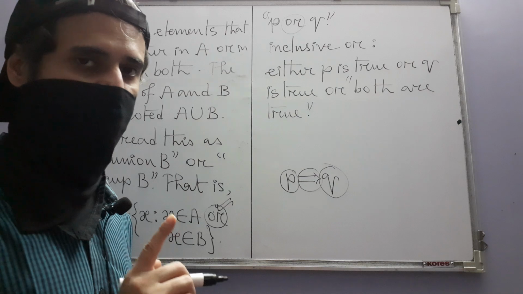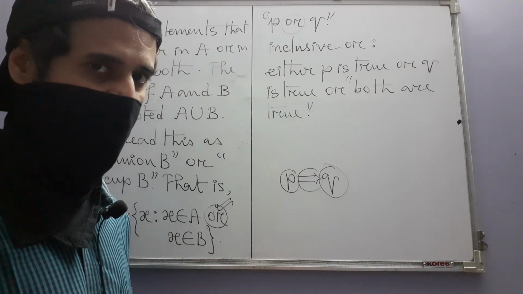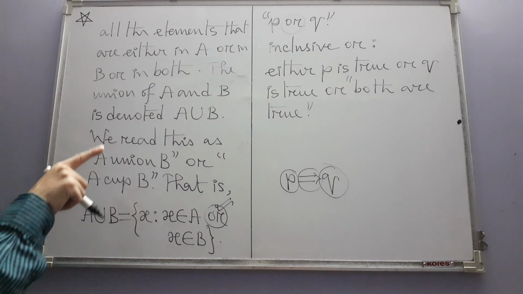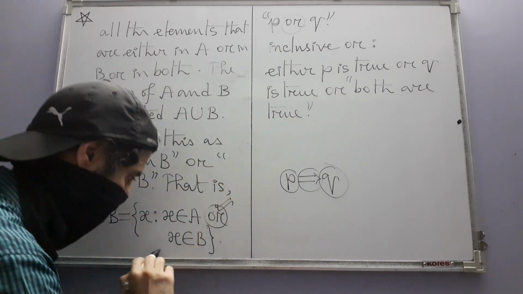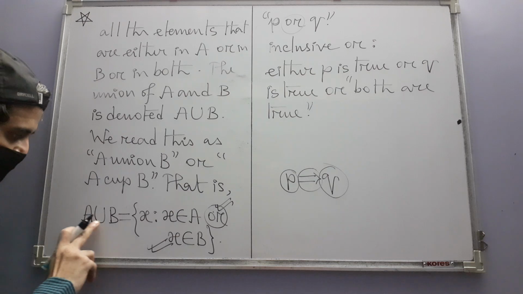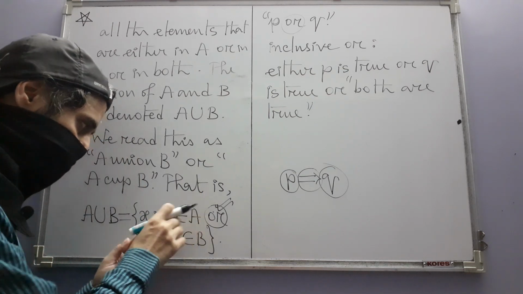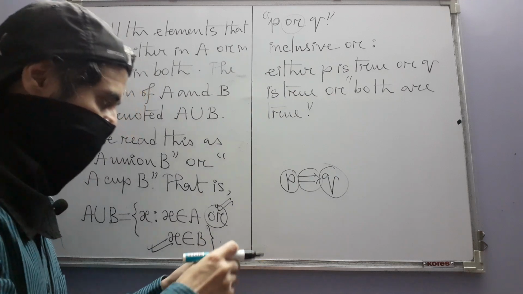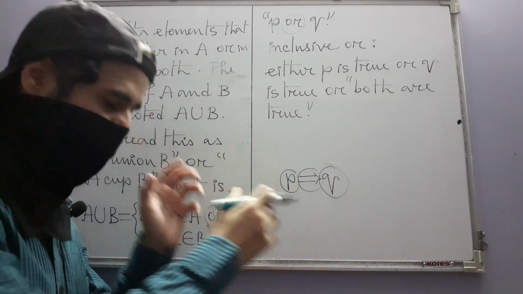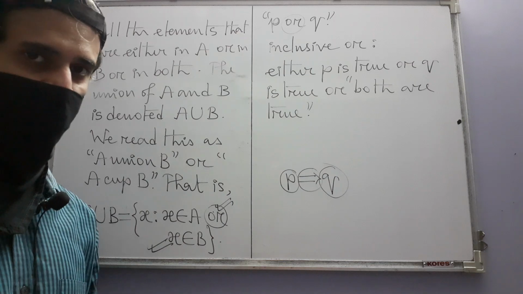If you want to use exclusive or, then you have to say it separately. Okay. So with this new meaning of or, now this is okay. This means that A union B is the set of those elements that are either in A or in B or in both, because now or means inclusive or.